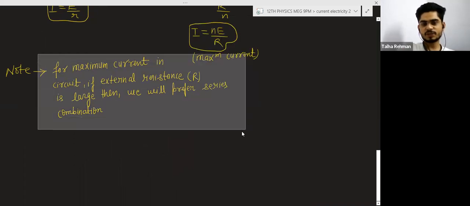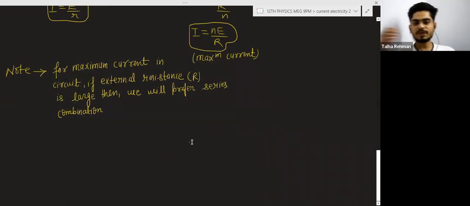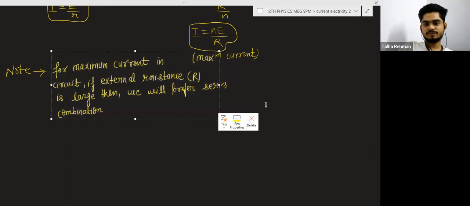In the series combination of identical cells, if we want the maximum current, then the external resistance should be large, and we prefer the series combination.